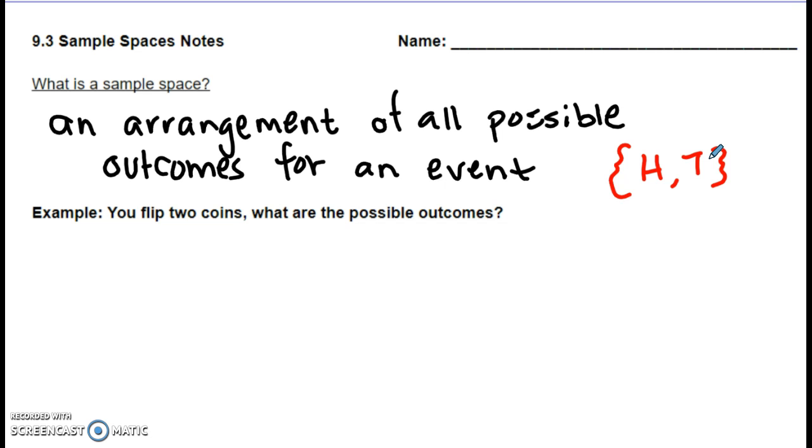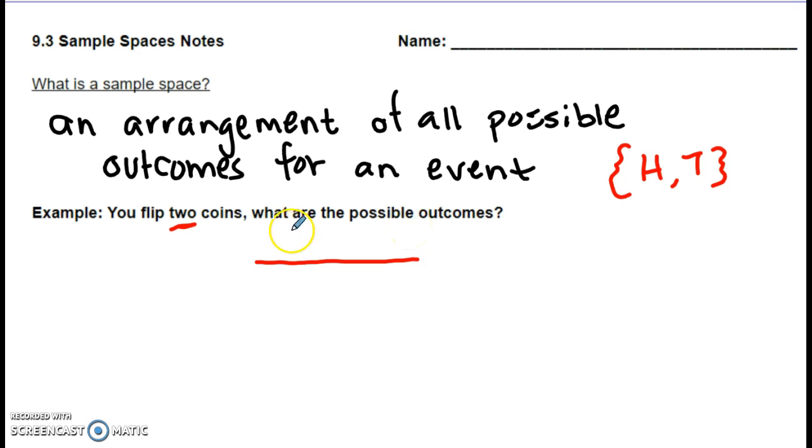But in this case, you're flipping two coins. So that means you're going to flip one coin two different times, and they want a list of all of the possible outcomes. So one of the strategies to organize these thoughts, that way we know that we don't miss any, is to make a table. And so what you'll do is you'll create a list of all the possible outcomes for your first try.